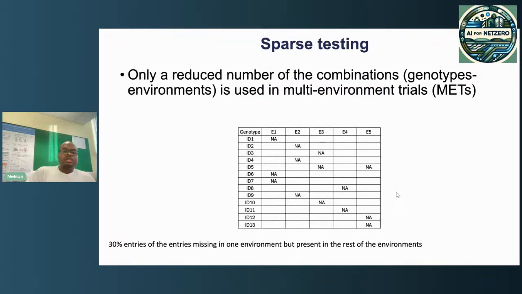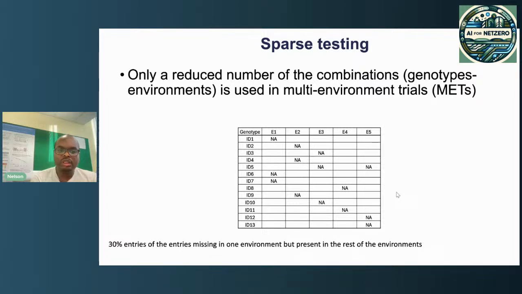No. So lastly, we have a technique called sparse testing. In our breeding program, plant breeders plant genotypes in different environments because they need to select varieties that are more stable across different environments.